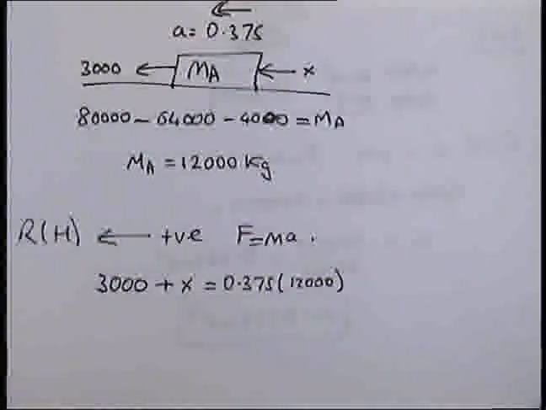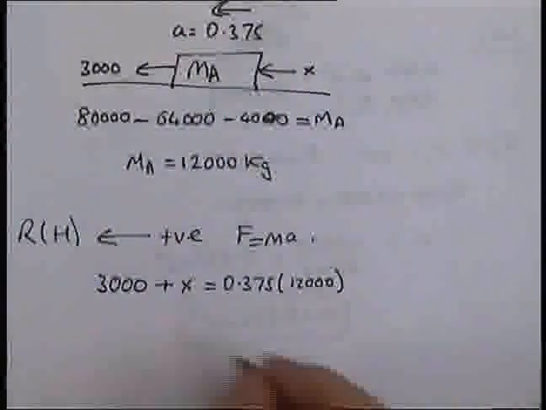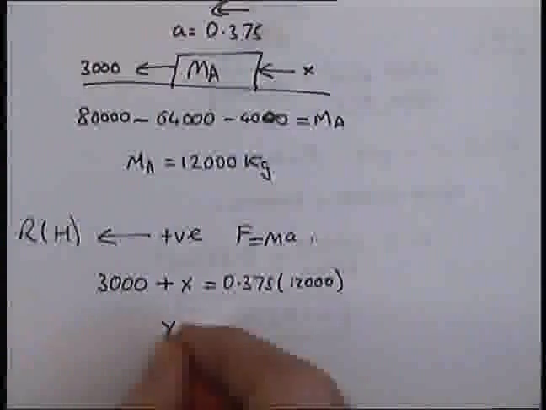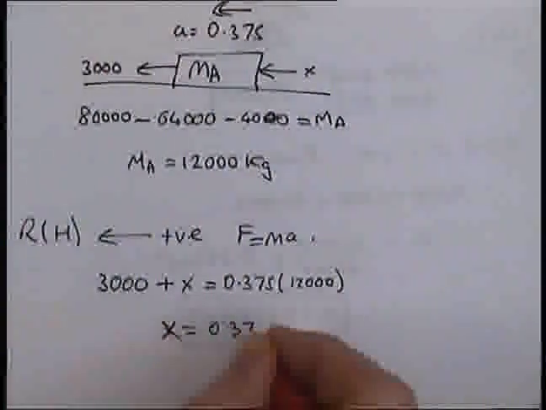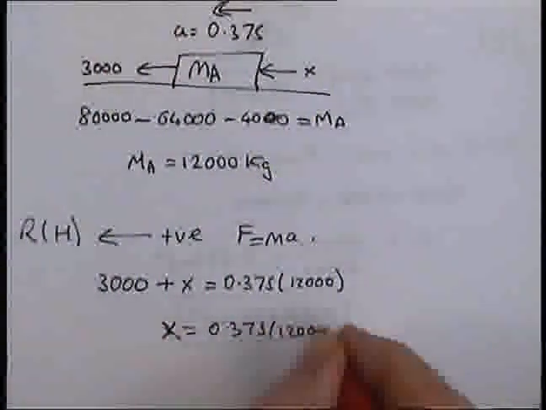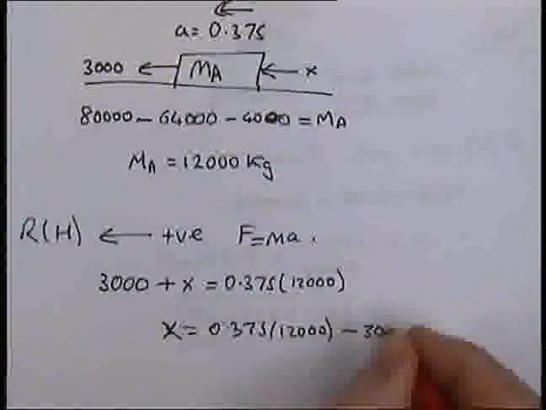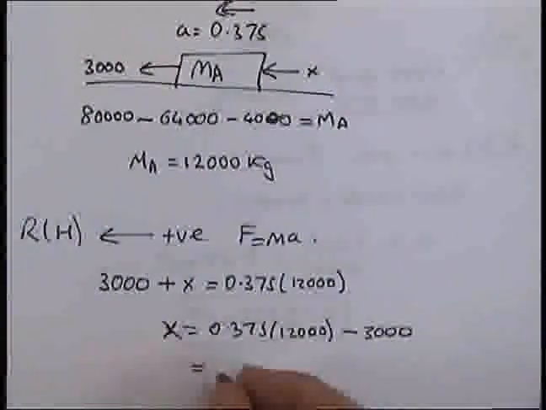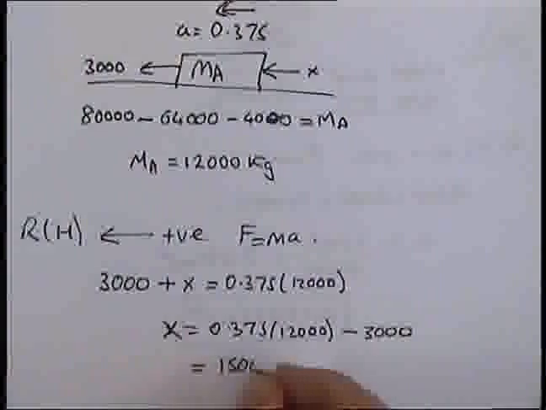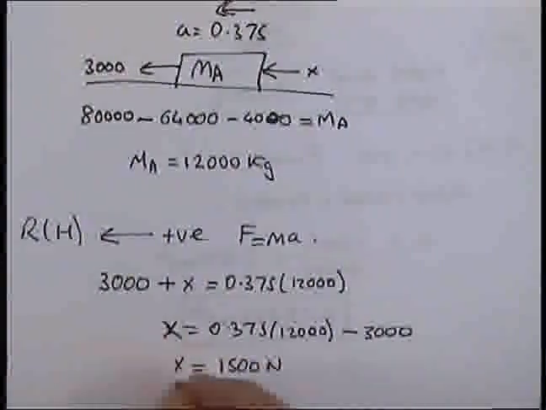And then you solve that to find out X. And that is X equals 0.375 lots of 12,000 minus 3,000, which is 1,500 newtons, which is what we wanted.